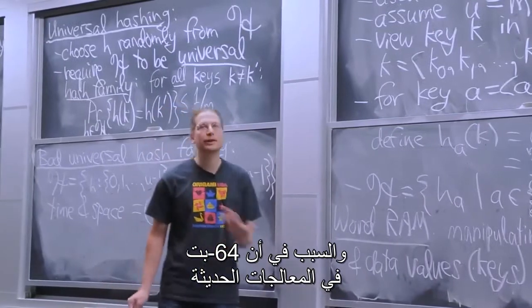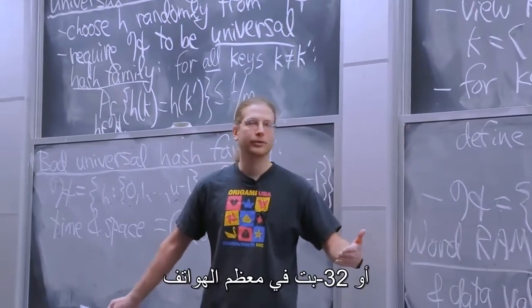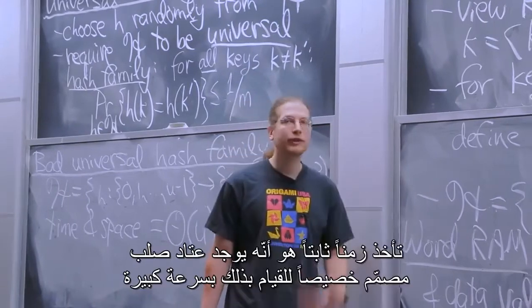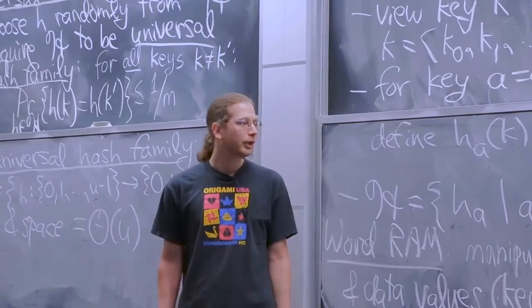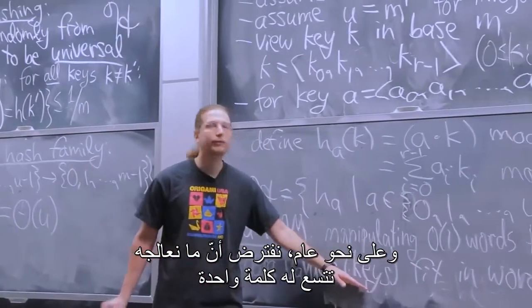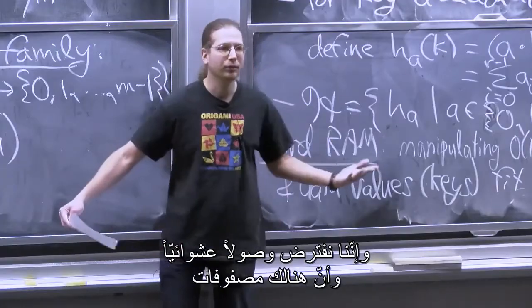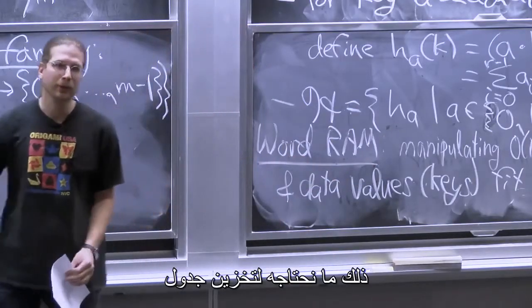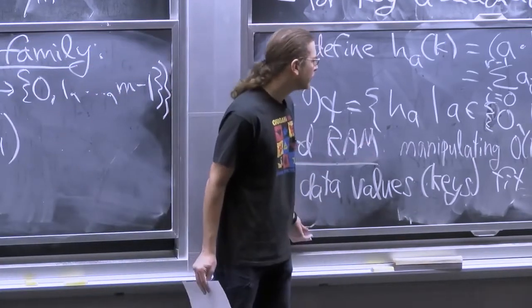The reason a 64-bit addition on a modern processor, or 32-bit on most phones, takes constant time is because there's hardware designed to do that really fast. In general, we're assuming that the things we care about fit in a single word, and we're assuming random access in that we can have arrays. That's what we need in order to store a table. Same thing in van Emde Boas, we needed to assume we had arrays.